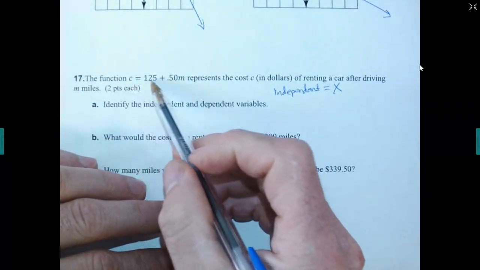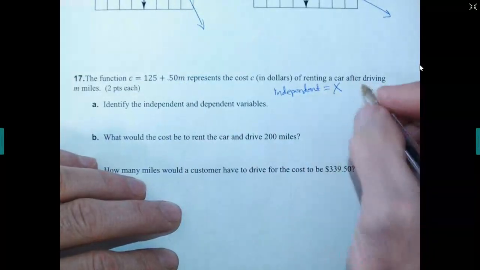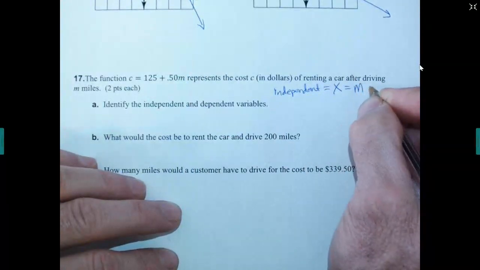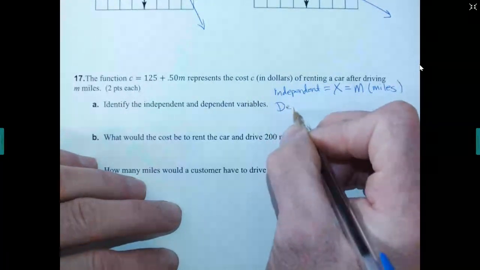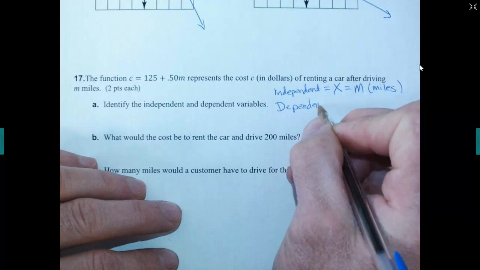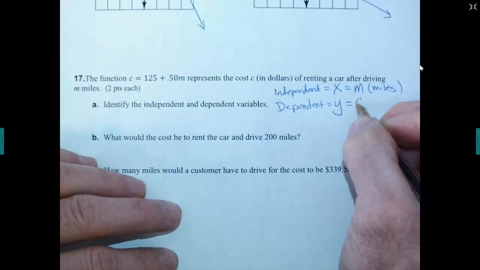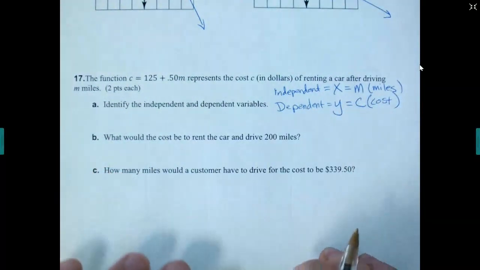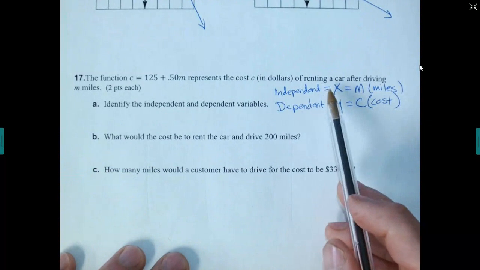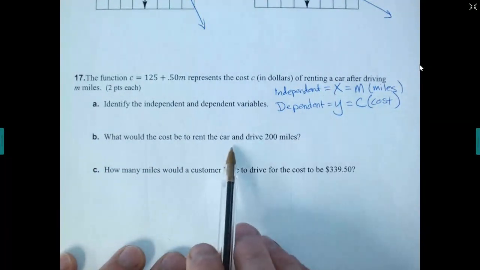And so what is the x value here? Right here is the miles. So the independent equals m, or miles, and the dependent, which is the y value, is C, or cost. So don't forget, independent is your x value, dependent is your y value.